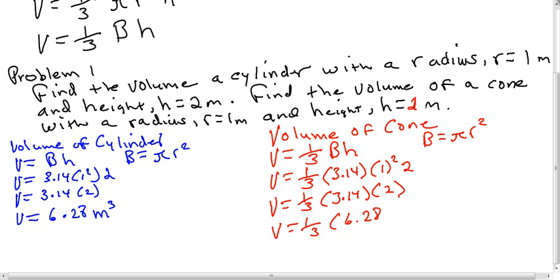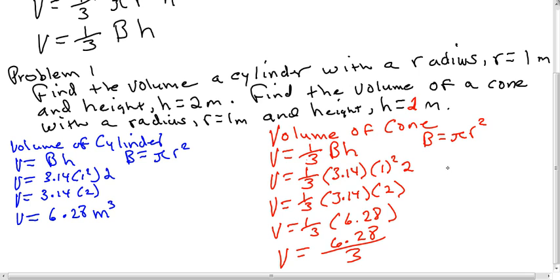Now we multiply. Remember here, we're looking at the fraction rule. So we can take V and multiply the top, so that's giving us 6.28 divided by 3.